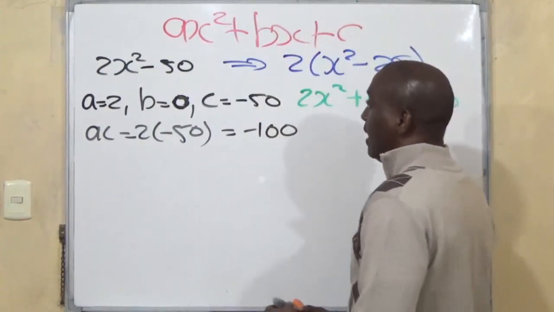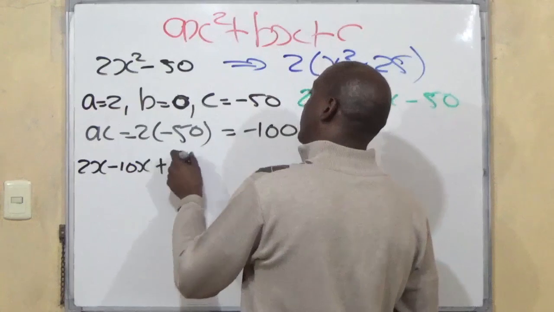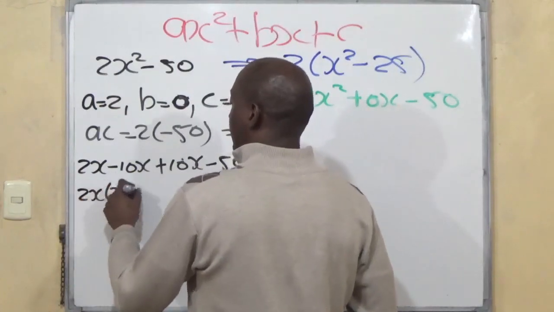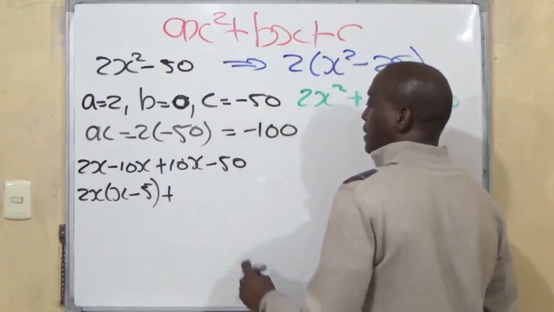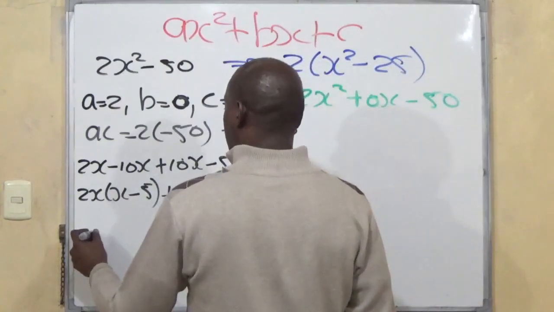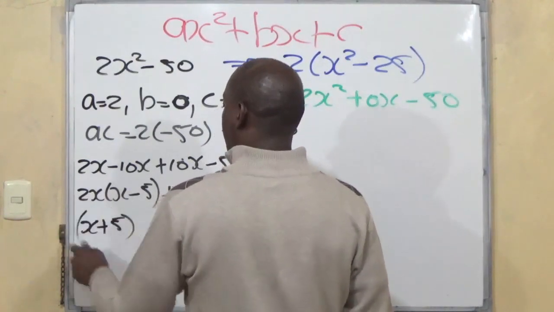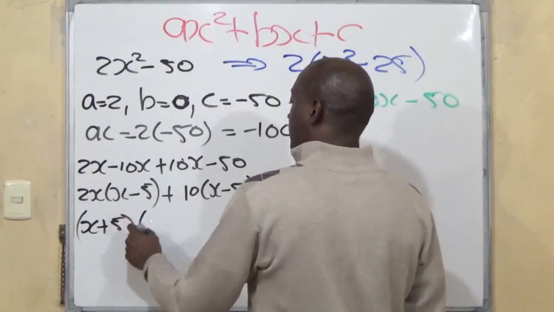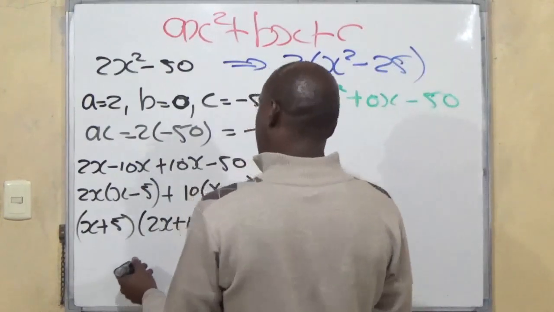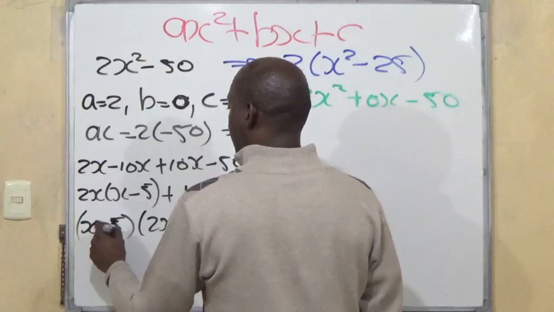So we could write this over as 2x squared minus 10x plus 10x minus 50, which will give us, when we factorize it now, 2x into x minus 5 plus 10 into x minus 5, which will be x minus 5 as the common factor, into 2x plus 10. X minus 5 into 2x plus 10, right?